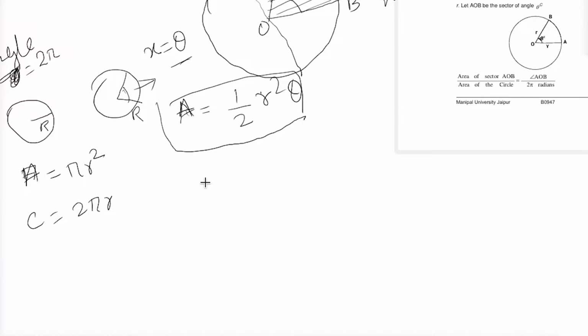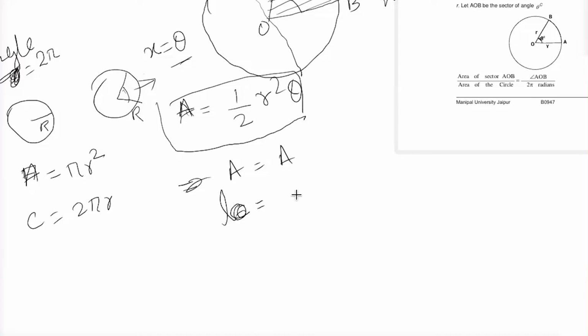And here we know the arc length. Let's say its area we don't know actually, let's just say the area is a, and we will call the circumference here the arc length.